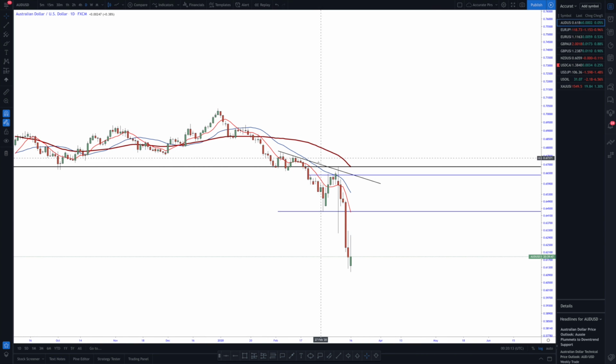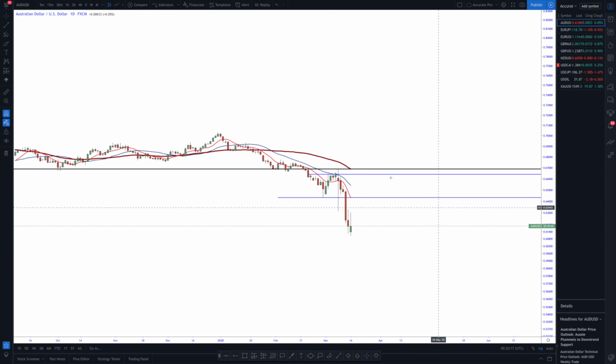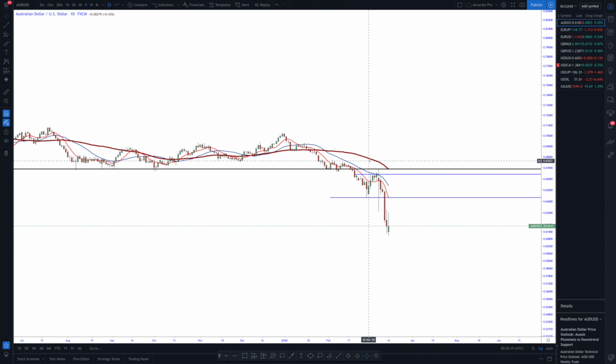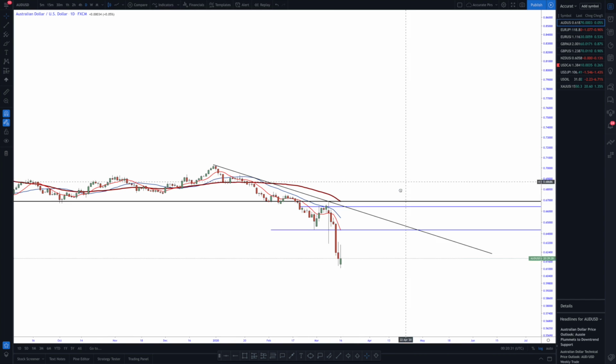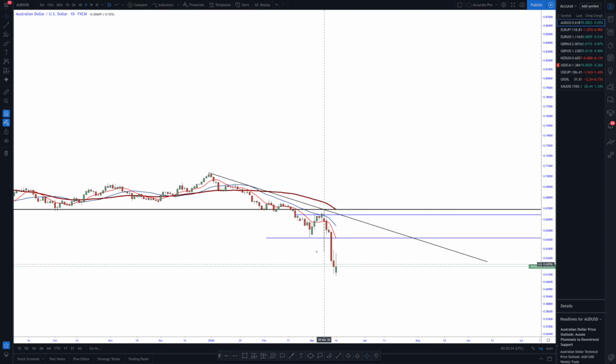Looking at this pair, with all that's going on with the outbreak of the coronavirus, I'm probably just going to keep my eye on this pair. Have this descending trend line and see how the market reacts.